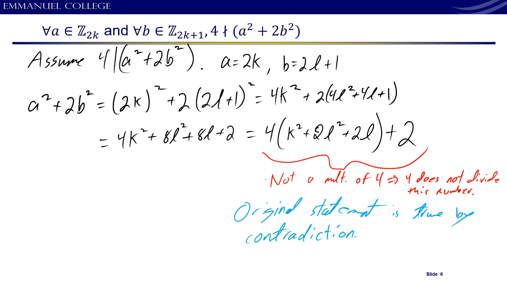So, contradiction, I will keep saying it until it is beaten into your head. Contradiction is assume the opposite outcome. If it says this does not happen, see what happens if you assume it does happen. If it says it can't be, see if it can, and show that it can't.